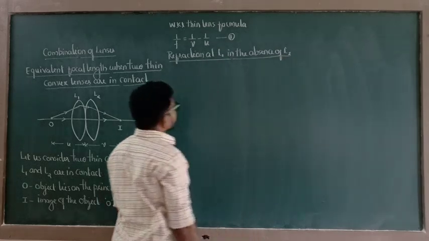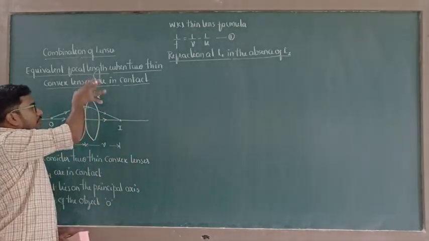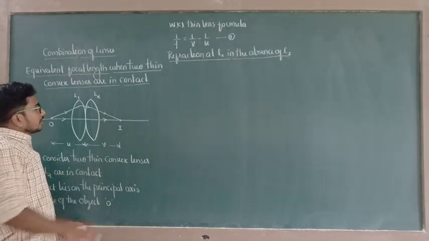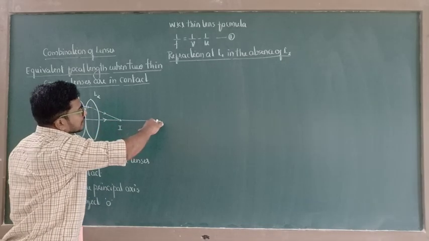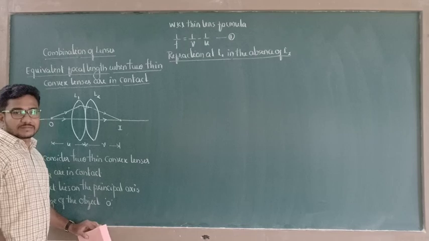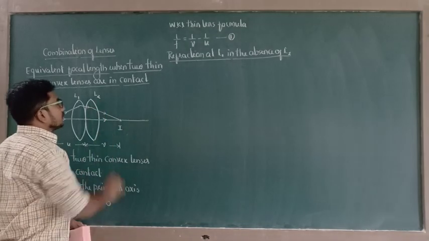So refraction at L1 in the absence of L2, you just imagine yourself there is no L2. Then light would travel along this path and finally meet the principal axis at this point. So let us plot the ray diagram.